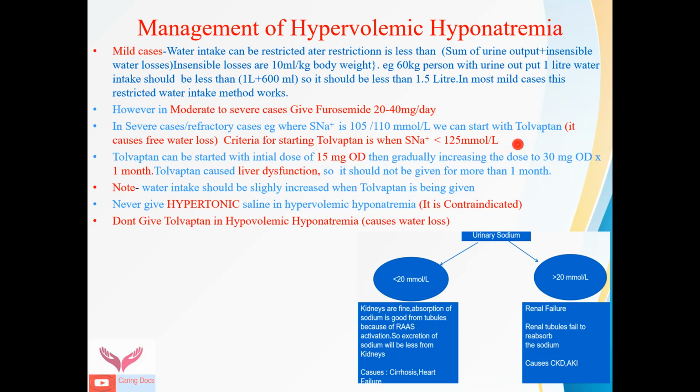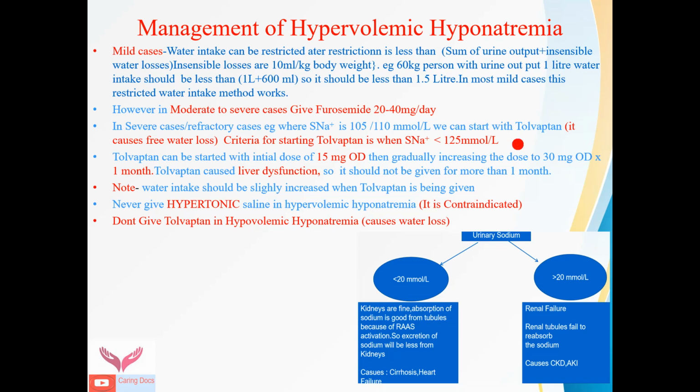It is given at a dose of 15 milligram per day. Then we can increase its dose gradually to 30 milligram per day, and it has to be given for 1 month only, because it causes liver dysfunction. So we should not give it beyond 30 days.